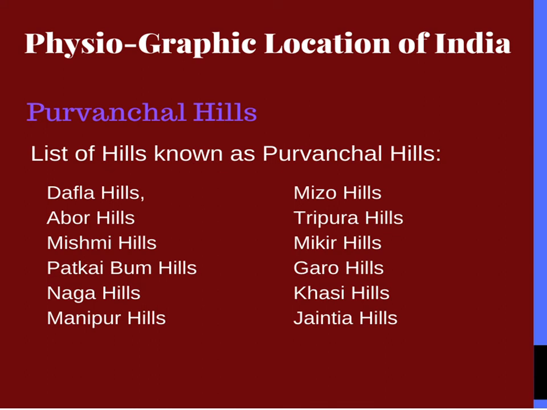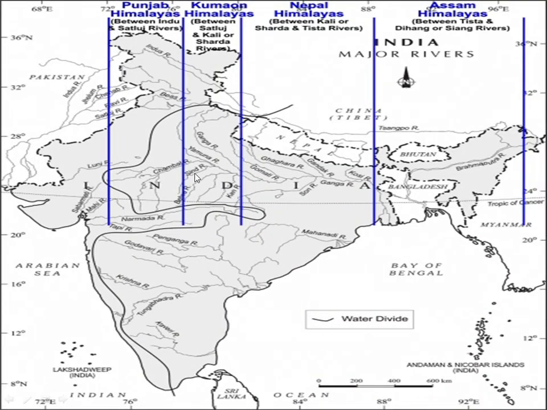So we had seen the Trans Himalayas, that is also called the Western Himalayas, and the Himalayas, that is Himadri, Himachal, Sivaliks, and we have Purvanchal, that is the eastward extension of the Himalayas. And now we have a different kind of division of the Himalayas based on longitude. Between the Indus and Sutlej rivers we have the Punjab Himalayas.